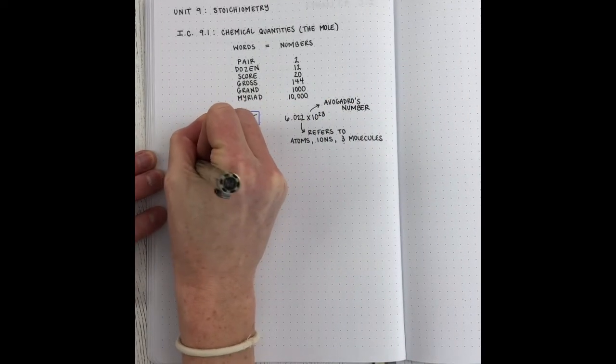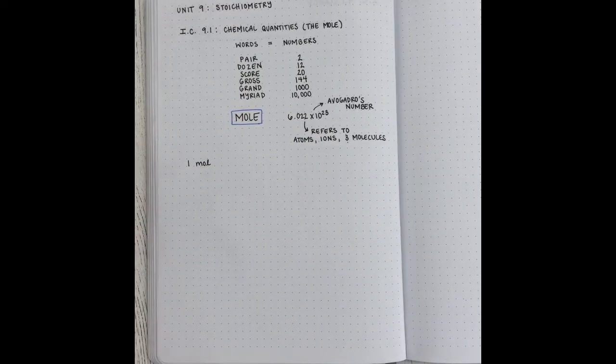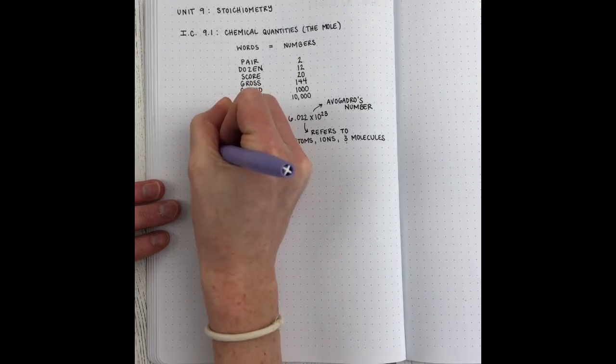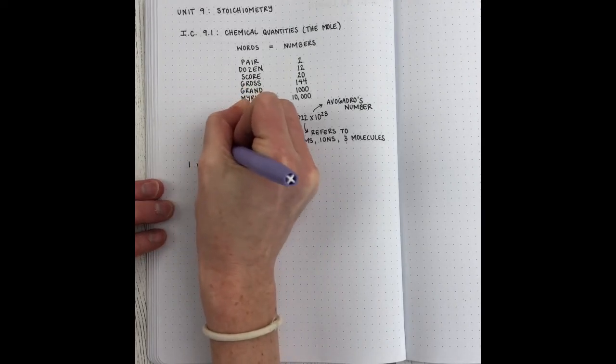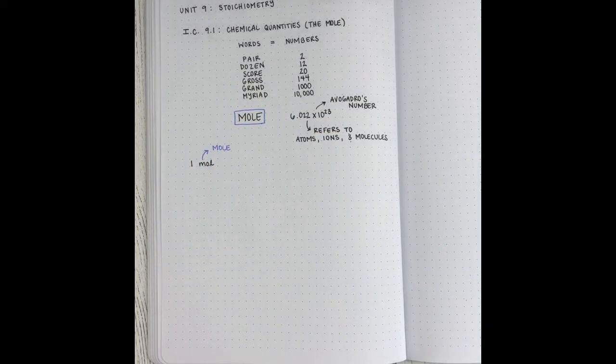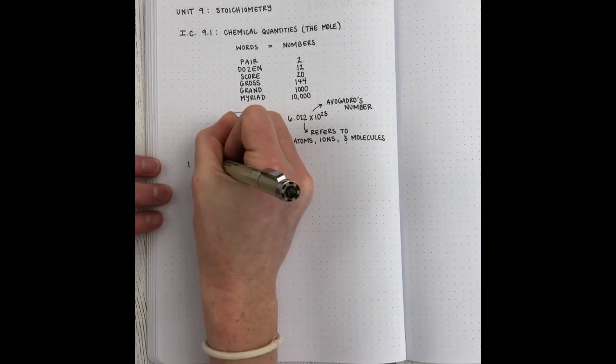So let's put this into practice. If I have 1 mole of a substance, and by the way, we usually use lowercase m-o-l to represent a mole. So if I have 1 mole of a substance, let's say 1 mole of carbon atoms.